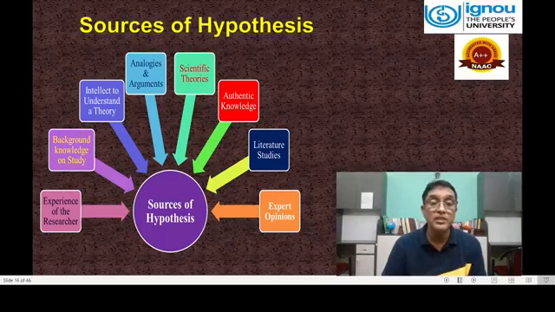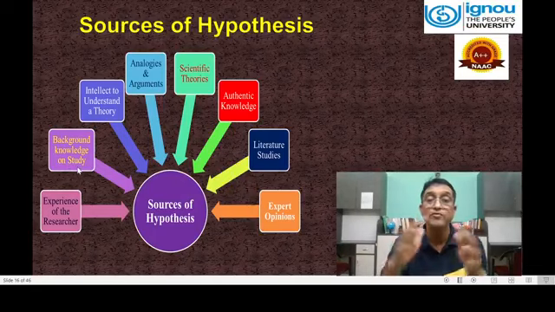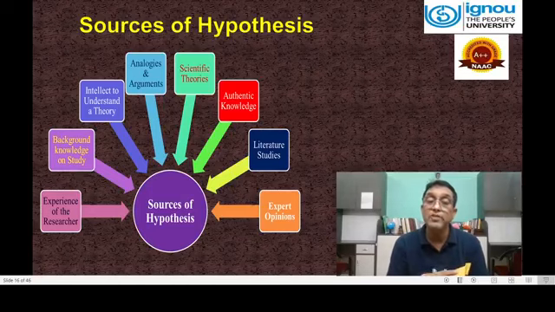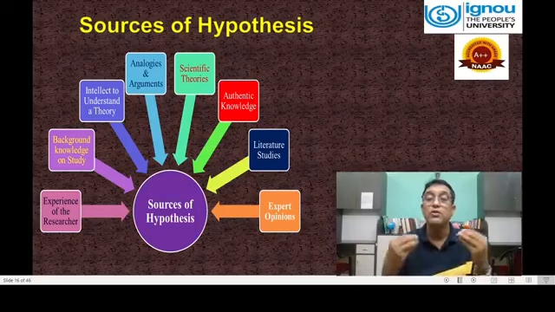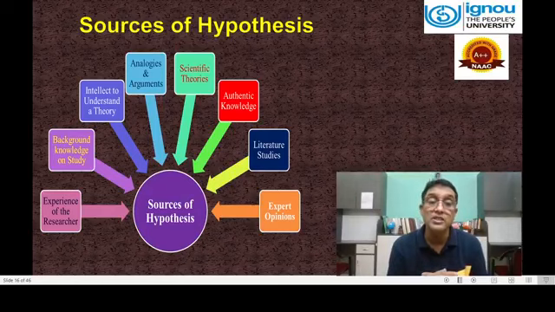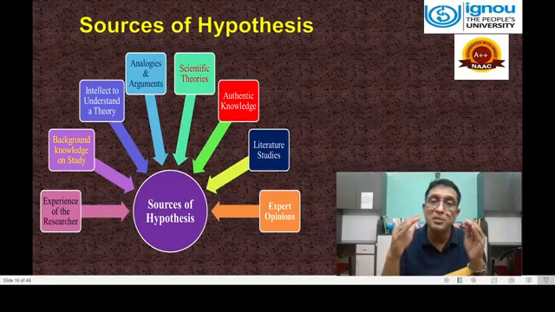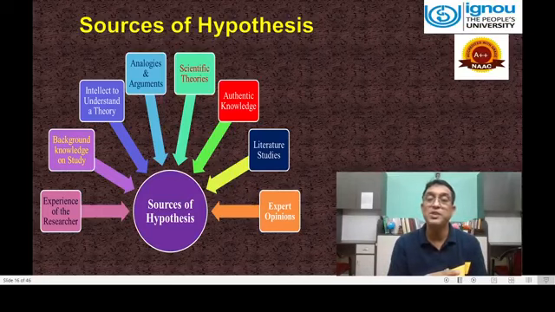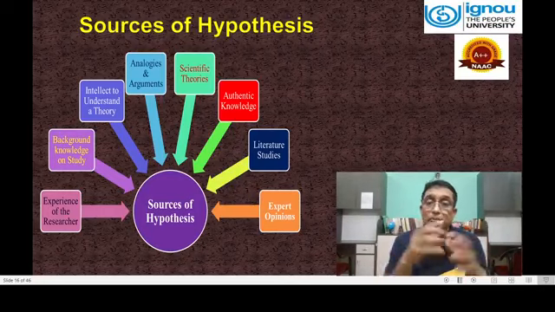And the second source is background knowledge of the study, whether you have the background knowledge or not, whether you have studied the theoretical part of your study or not, whether you are acquainted with the theoretical construct of your study or not. That will also help you. Then another source is intellect to understand the theory, whether you have got a clear understanding about the theory or not, whether you are able to analyze and interpret the theory or not.